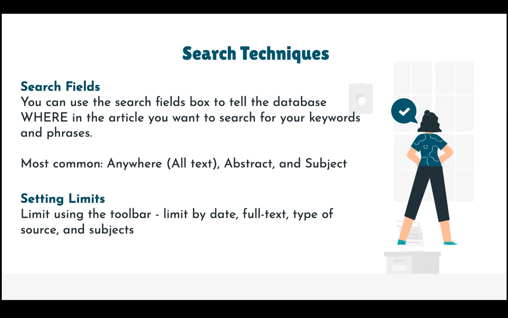So chances are, if my keywords that I put in the search box are found in the abstract of the article, it will probably be more relevant to my topic than if the keywords were found anywhere within the article. So I typically start with an abstract search, and then if I need to find more results, I might change my search to open it up to an all text or anywhere search. So there's a little bit again of trial and error here when using the search fields.